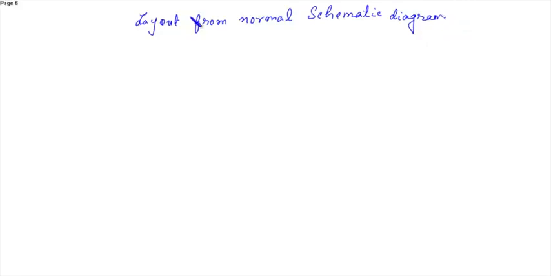Now let's see the layout from the normal schematic. From the normal schematic diagram, the PMOS is drawn as, okay, this needs more space, so let me clear this.